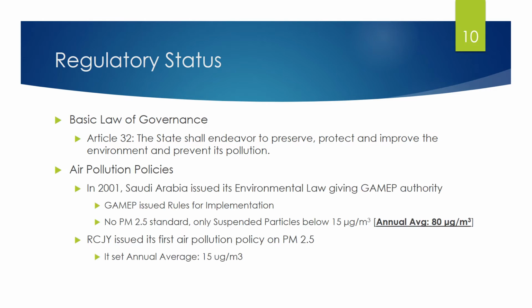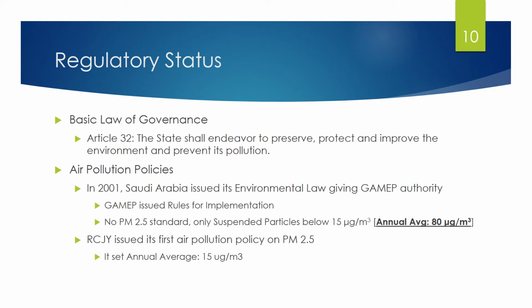Because of that, Saudi Arabia has established its own air pollution policies, and the environmental law that was established in 2001 gave the General Authority of Meteorology and Environmental Protection the authority to issue and monitor the implementation of environmental rules. Therefore, the GAMEP, as we will refer to it throughout this presentation, has issued rules for implementation in which it set certain standards for a lot of pollutants.